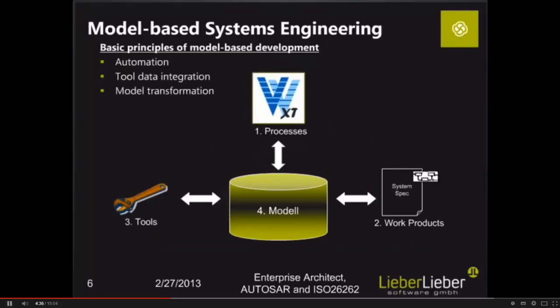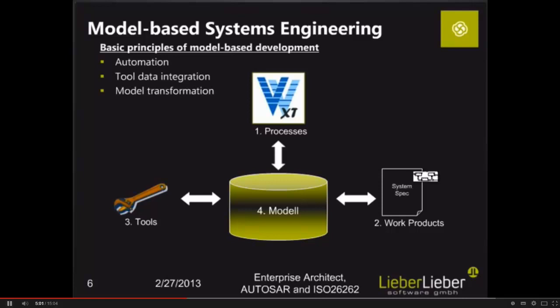When you use model-based systems engineering, then you have a model as a central database for your development. And the difference to the classical document-centric process is that this model has a formal structure, and you can manipulate it and put data in with tools.